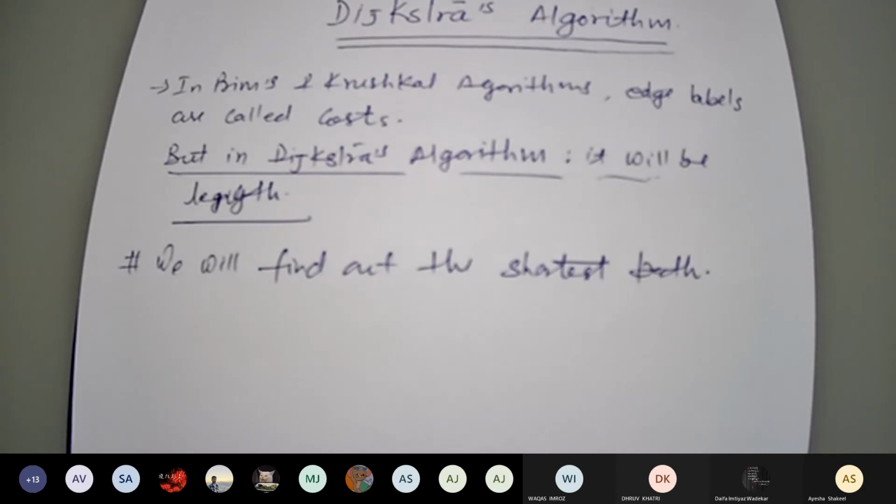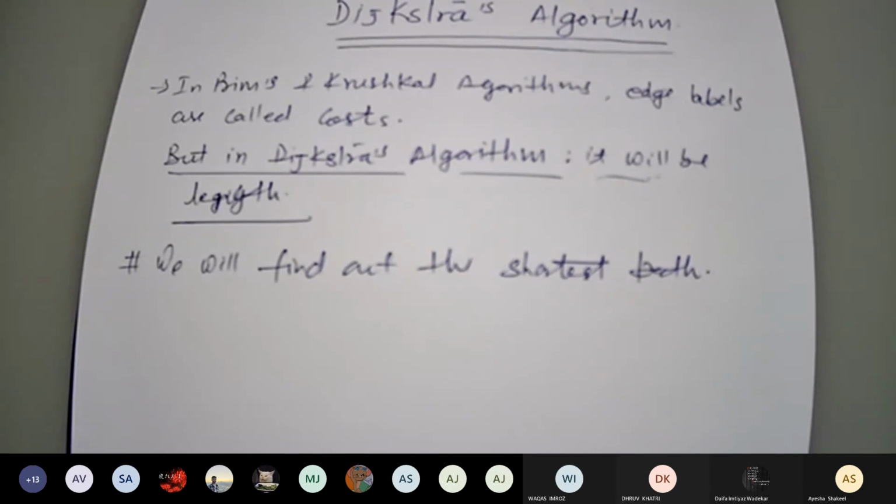Okay, means you will have a given graph, and in that graph, each edge will be labeled with some distance. Now you have to find the shortest path from one place, source, to another place, that is called destination.